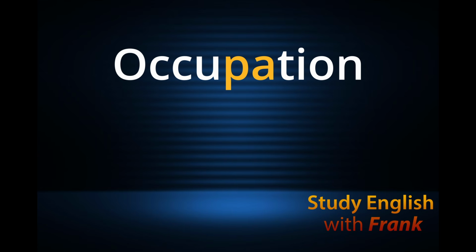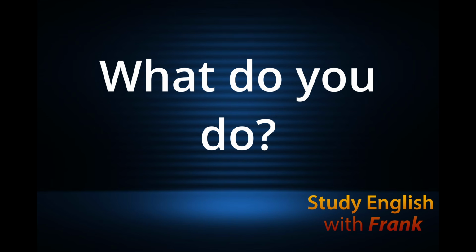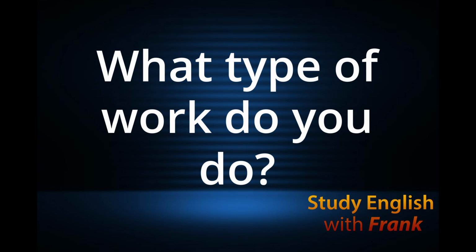Let's go through maybe all of the different ways that people might ask this question to start out our lesson today. They might ask, simply, as the title of our lesson today, what do you do? Or they might ask, what type of work do you do?